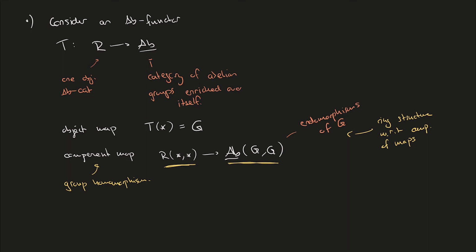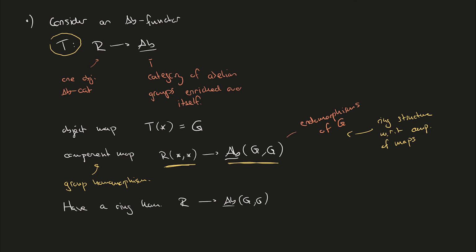Based on our previous example, we also know what an Ab-functor between two one-object Ab categories is, namely it's a ring homomorphism. So in fact, we have a ring homomorphism going from R to the endomorphism ring on G, where the multiplication is given by composition.